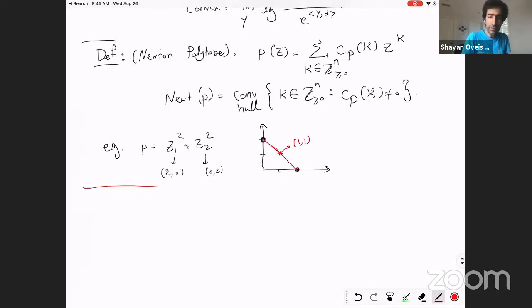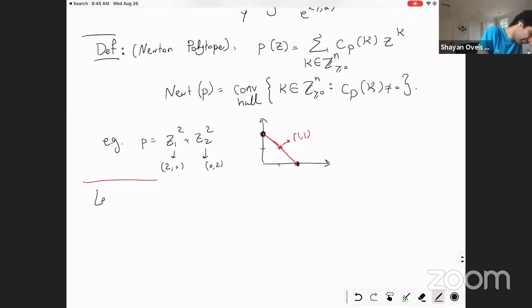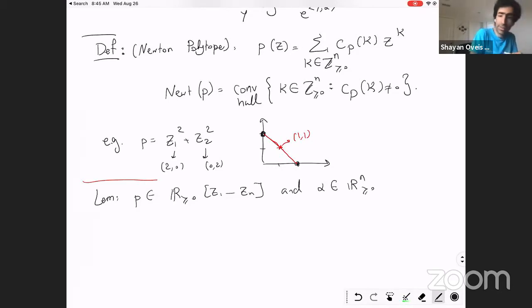Okay. Now, let me tell you a lemma. Let's say you have a polynomial P, again with non-negative coefficients on n variables, and let's say alpha is in R^n, again non-negative.